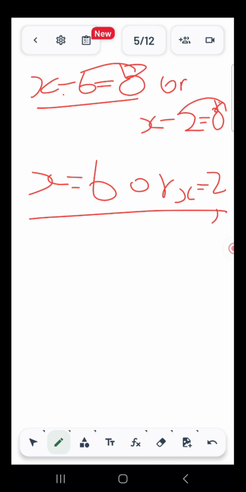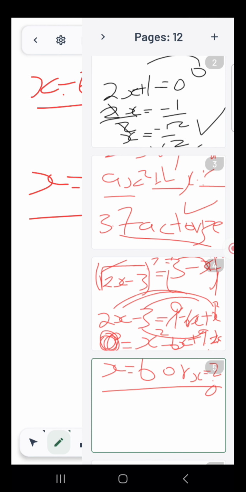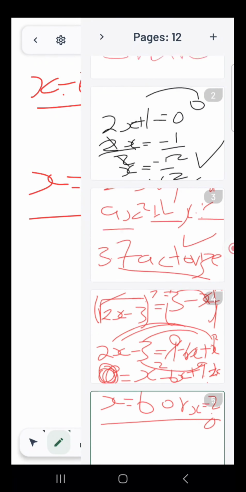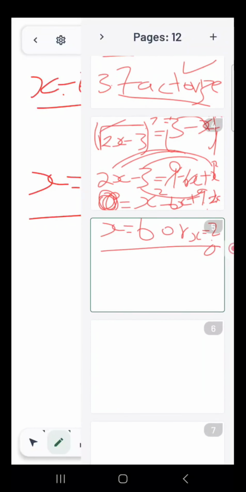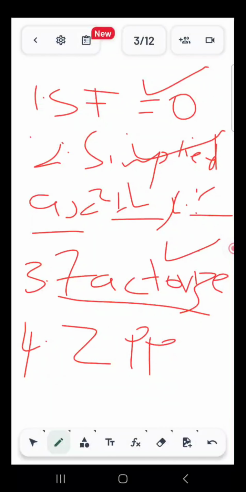Then we have solved for x. That's simple, guys. The method doesn't really change, right? I want you to write this down: standard form equals to 0, simplified, 1x squared, 1b, 1x, 1c, and then factorize, and then zero product principle.